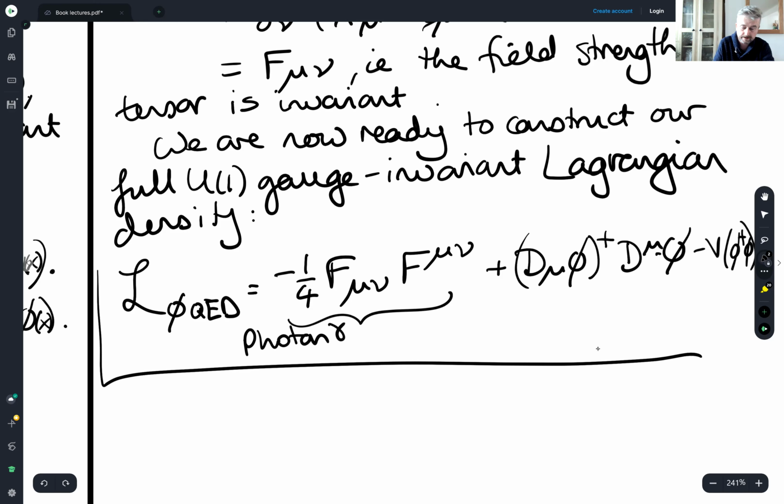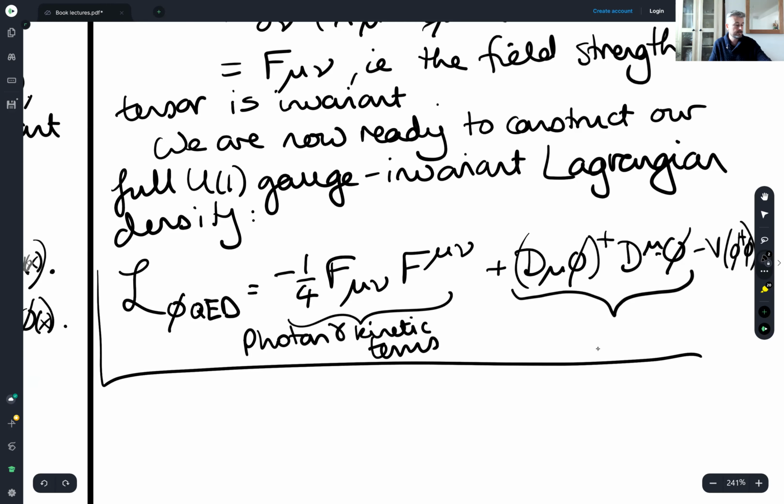The photon is often written as gamma, after gamma rays. Photon gamma kinetic term. So although the field is written with an A mu, when you're talking about a particle, in terms of the photon, you denote it with a gamma.